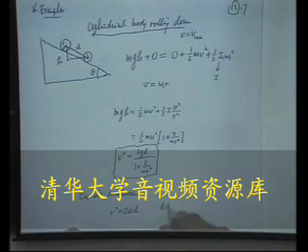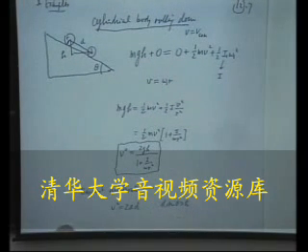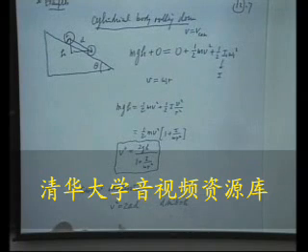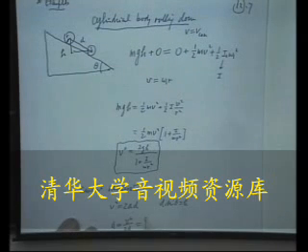So I substitute that in. I get a is equal to v squared over 2d, which is equal to g sine theta over 1 plus I over mr squared.